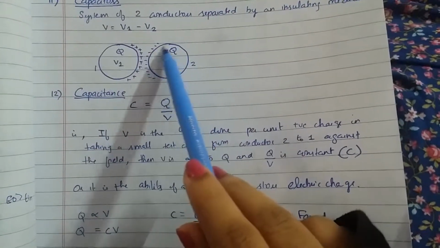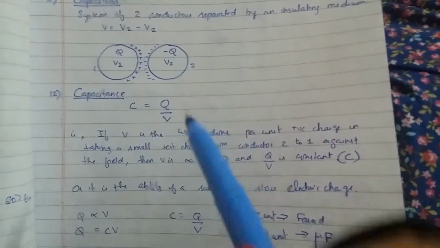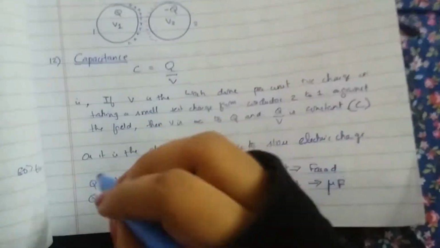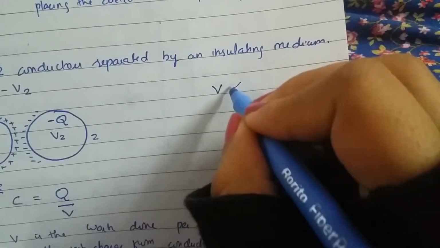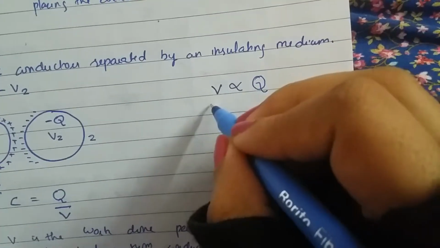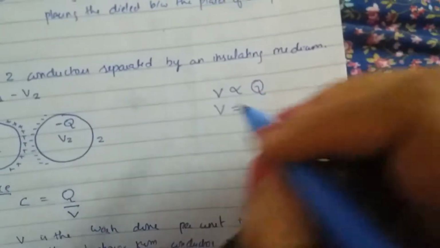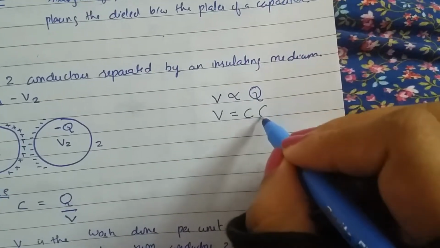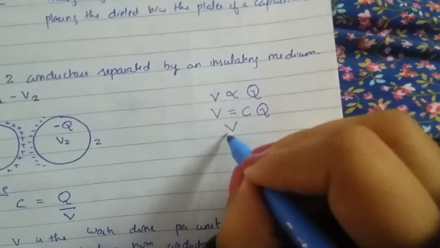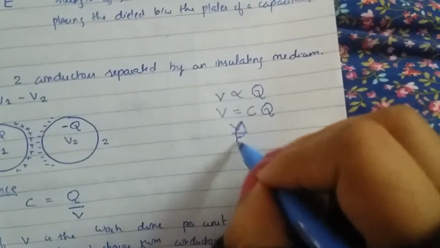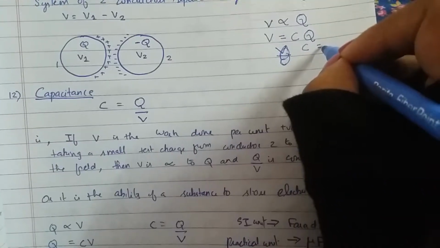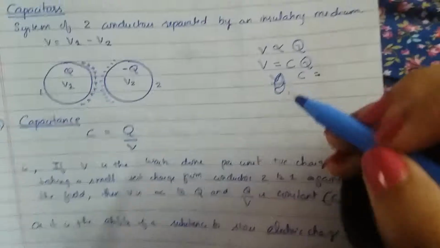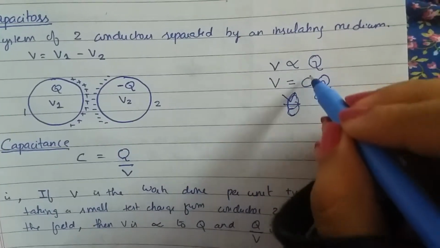So V is directly proportional to Q. So V is equal to a constant into C Q, I'm sorry, it is not CQ.